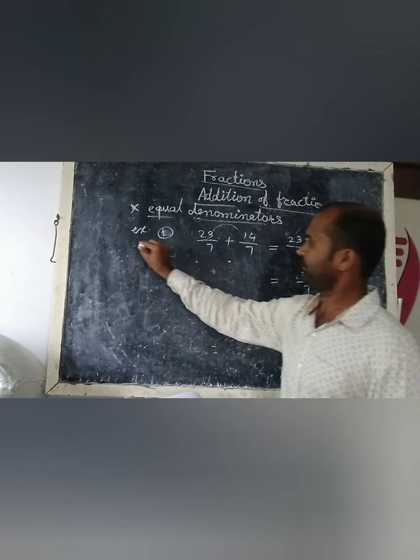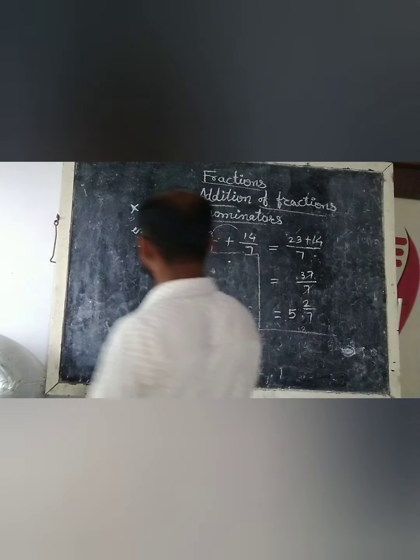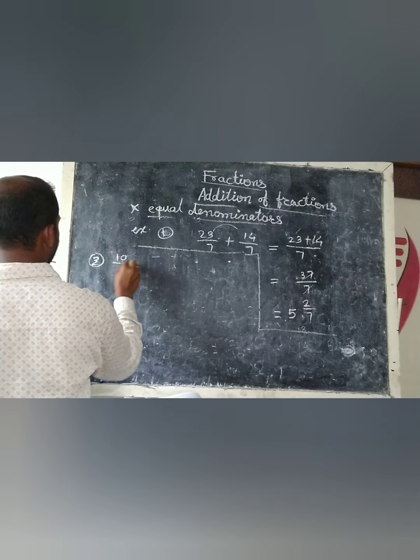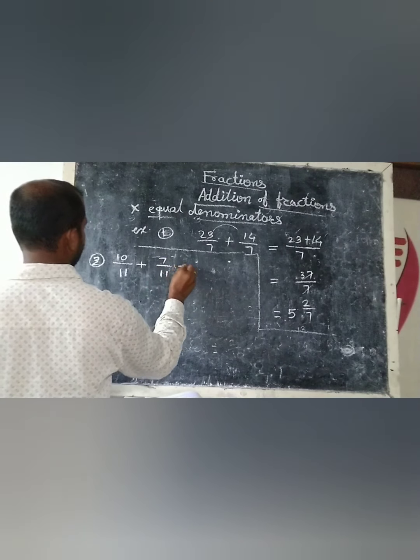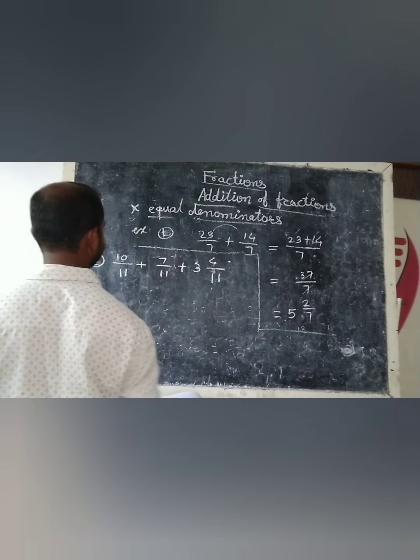Now for the second example we will take three fractions, or even more. 10 upon 11 plus 7 upon 11 plus 3 integer 4 upon 11.